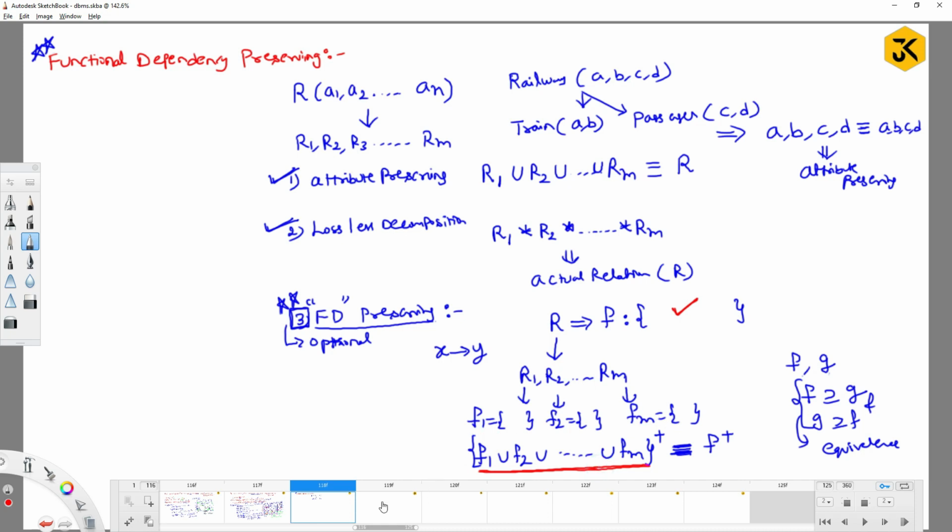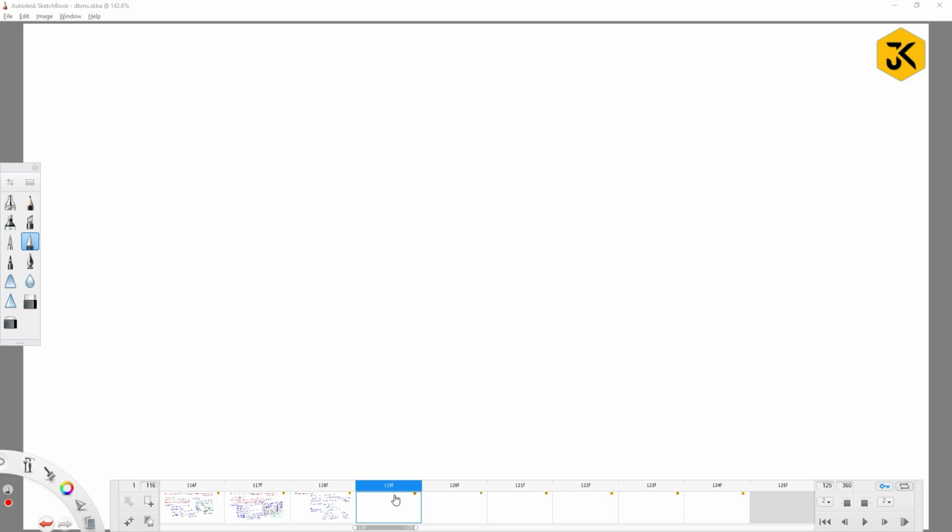If you want more clarity, we'll take one simple example so that you get a clear idea. For example, find whether the given FDs are functionally dependency preserving or not.